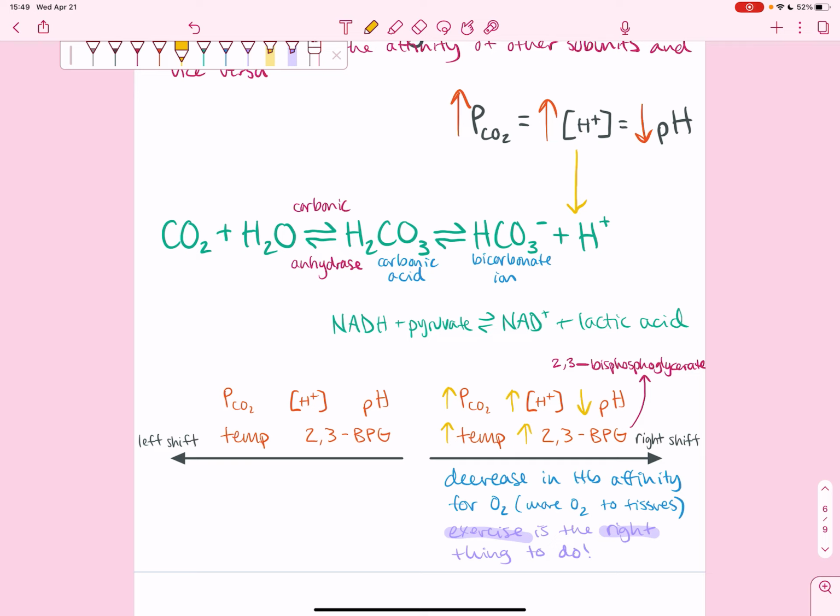So you have decrease, which means decrease, which means increase, and also lower temp and lower 2,3 bisphosphoglycerate causes a left shift, and so that's an increase in affinity for oxygen, and again, the opposite of what we wrote over here means less O2 to tissues.